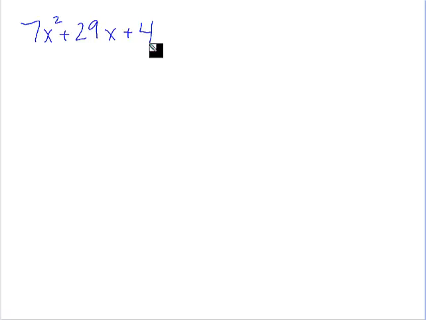Option 2 for how to solve these. Option 2 is more of a guess and check way. If your number sense is good, you're going to be able to guess and check pretty quickly. If your number sense isn't spectacular, you probably want to stick with the grouping way because it works the first time every time. So this guess and check way, we just split up into our two parentheses right away.